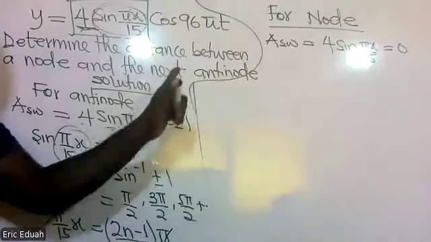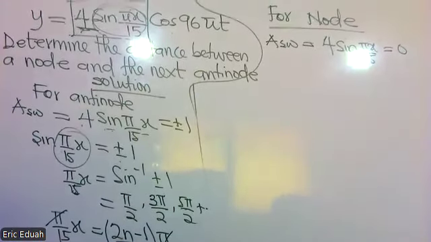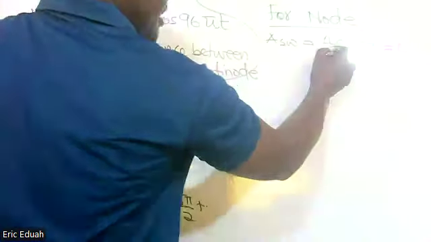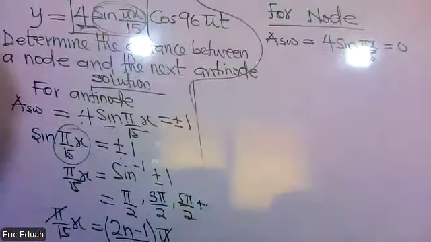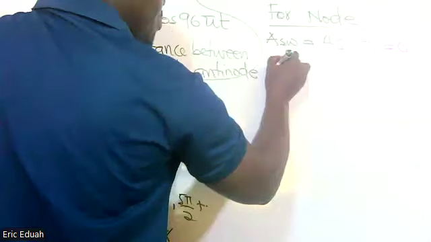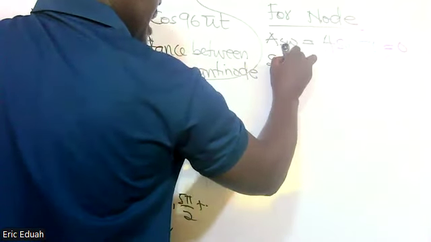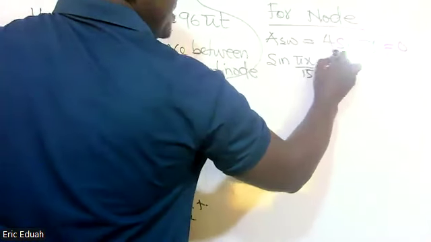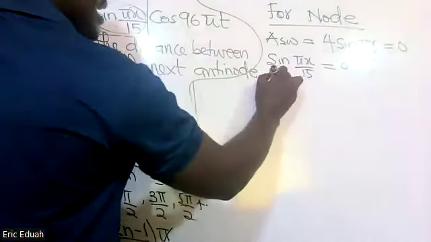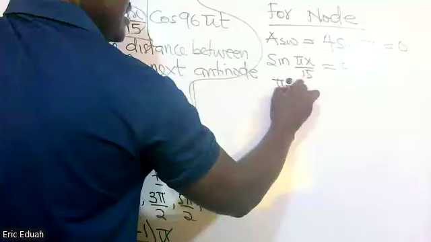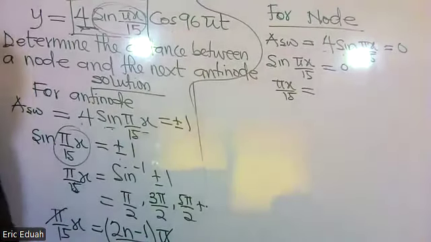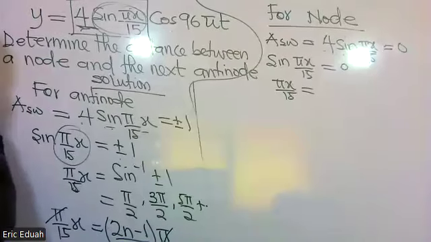When you divide through by 4, the value is still the same. So sine pi x on 15 must be equal to 0. So it means that pi x on 15 must be equal to the different angles where sine will be 0.